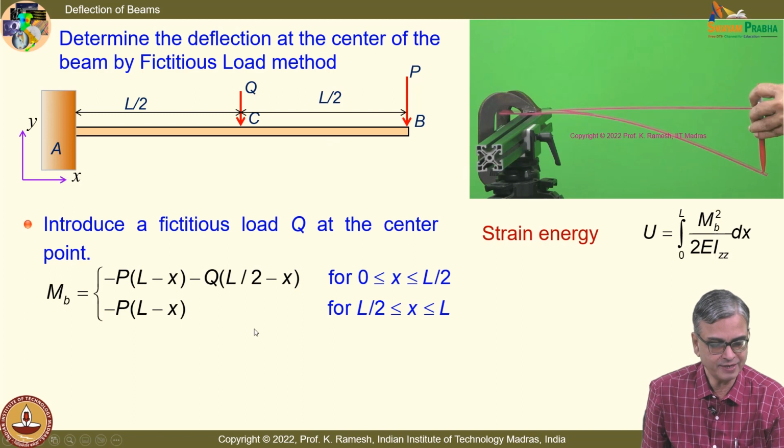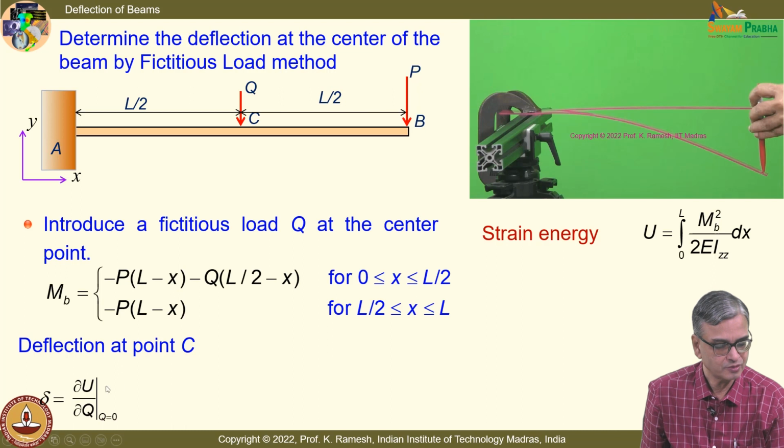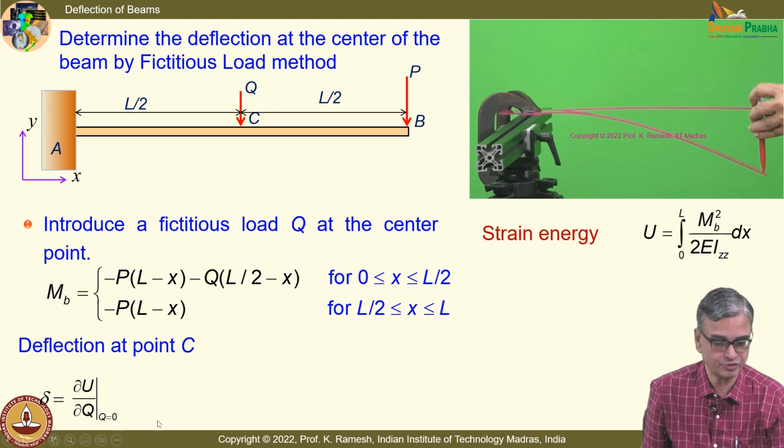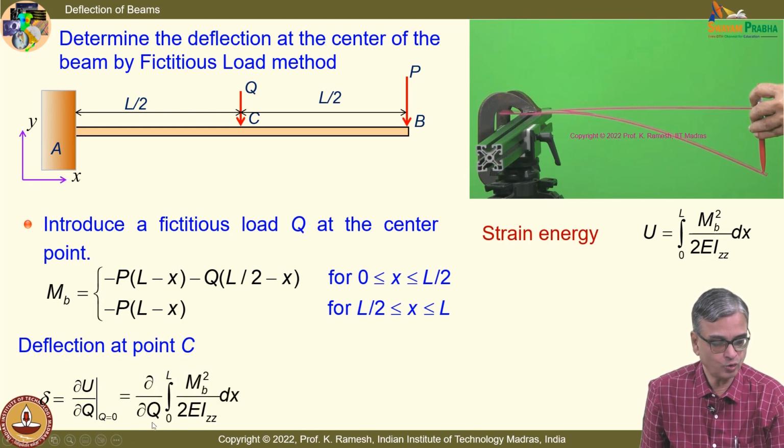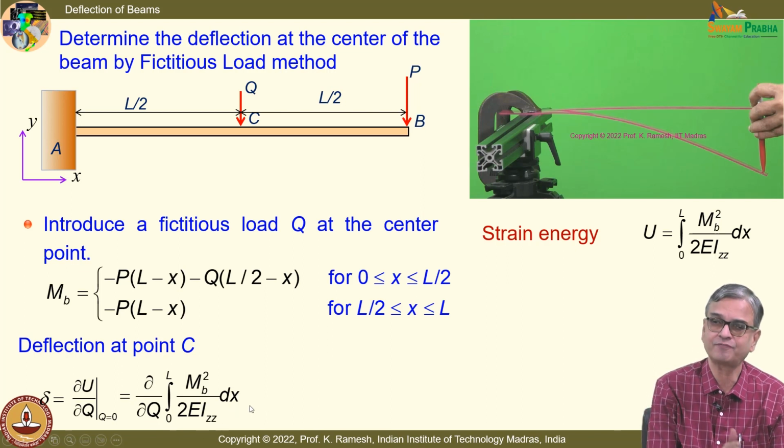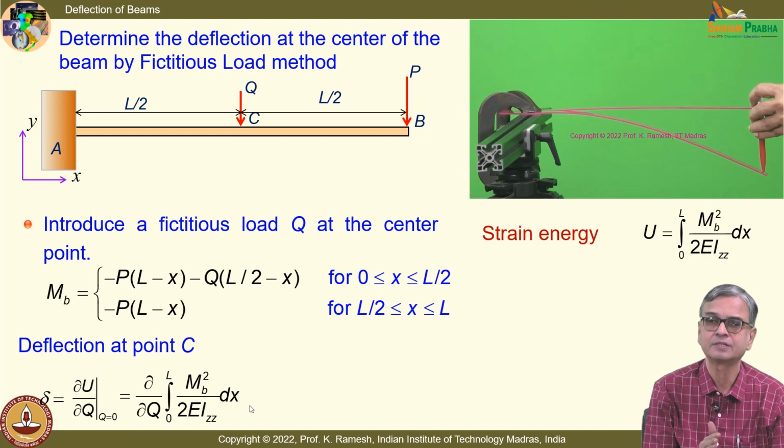And you know, our mathematics becomes simpler if I differentiate it. So, I have dU by dQ and substitute Q equal to 0. So, I have d by dQ of integral 0 to L M_b squared by 2EI_zz dx. So, I express it for two different sections and then differentiate it.